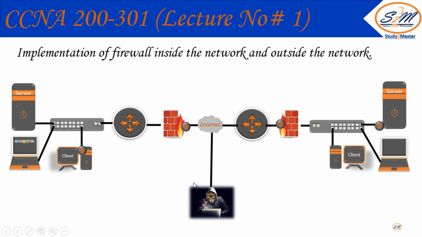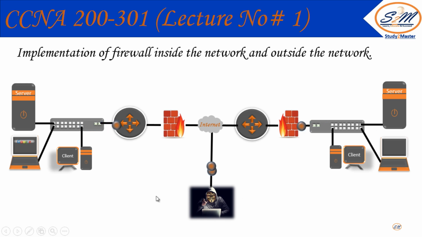The attacker tried to get into the private network, but the firewall does not allow him. These firewalls are pre-configured with different rules. So which traffic should be allowed to go to the Canada site, or which traffic should go from the Canada side to the USA side? Which traffic will not be allowed to get in?